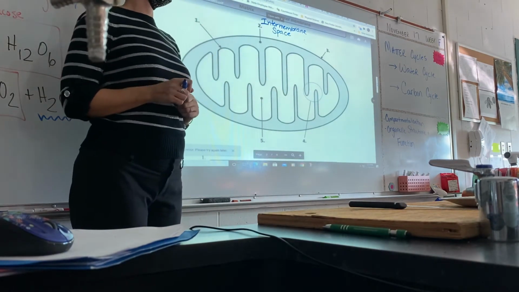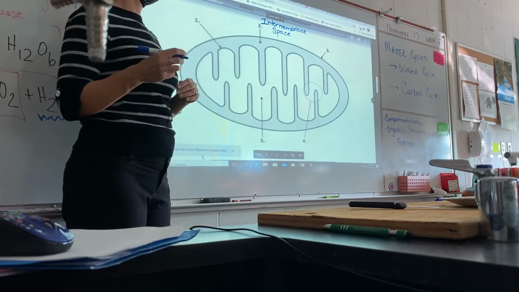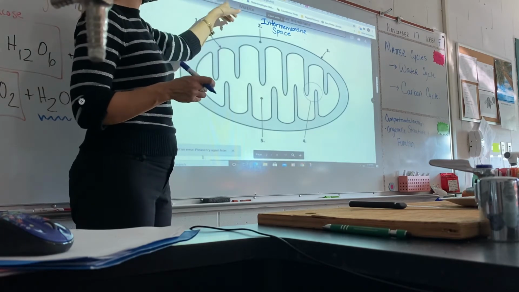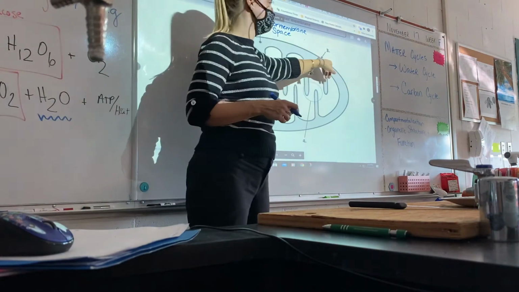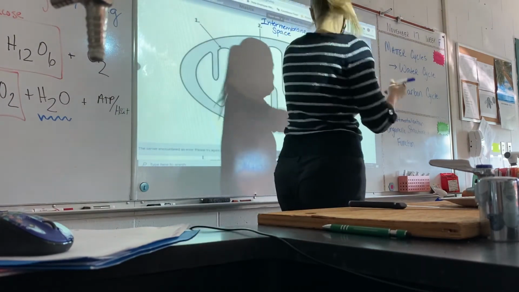Anything else? Josh, give me one. You got the word bank, right? What's number 3 going to be? That's an easy one. Outer membrane.